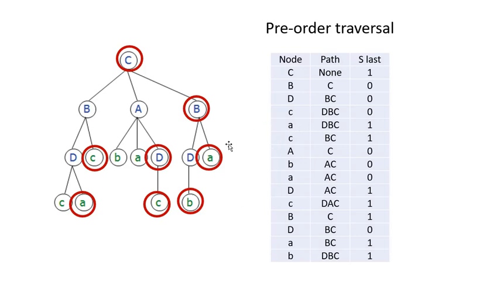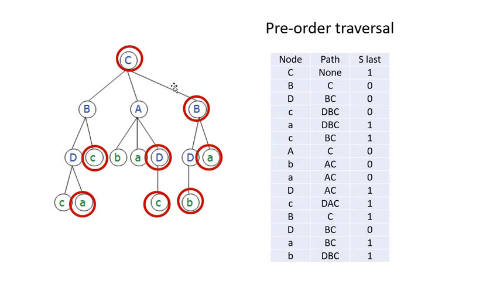First of all, we need to look at this path. This path means the path of the parent nodes of the current node. For example, C here: we don't have any parent nodes of C, so we simply put none here.